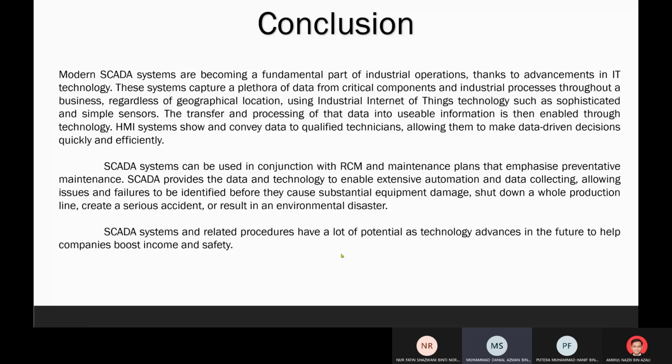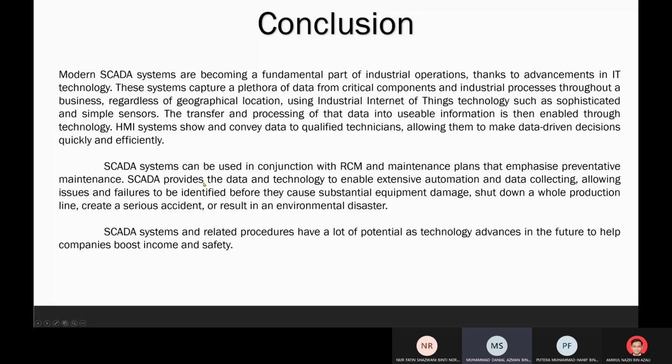HMI systems show and convey data to qualified technicians, allowing them to make data-driven decisions quickly and efficiently. SCADA systems can be used in conjunction with RCM and maintenance plans that emphasize preventative maintenance.